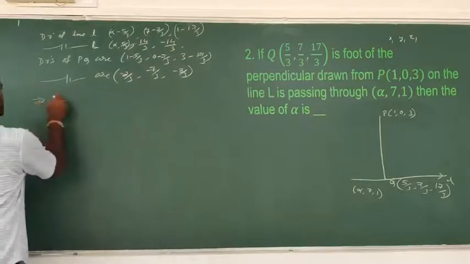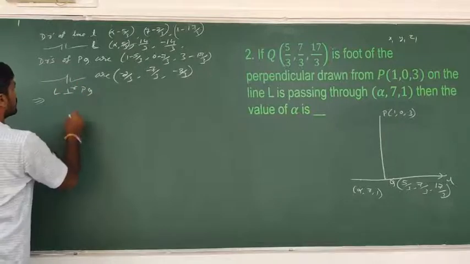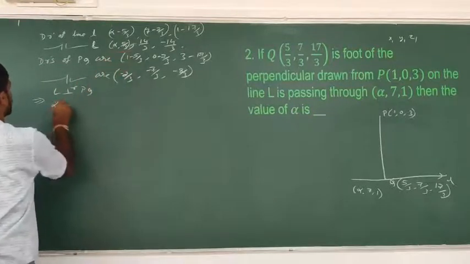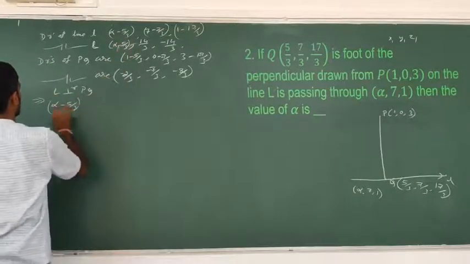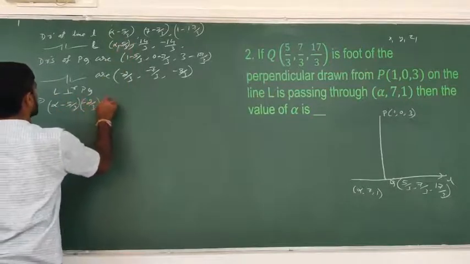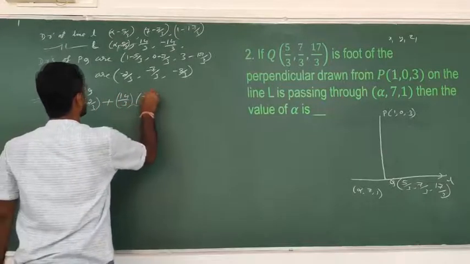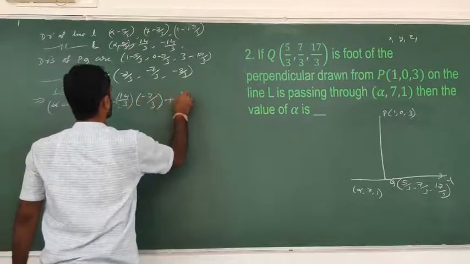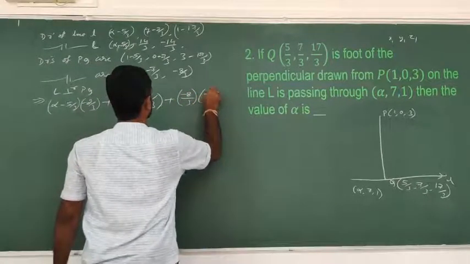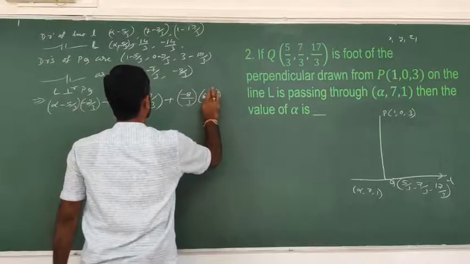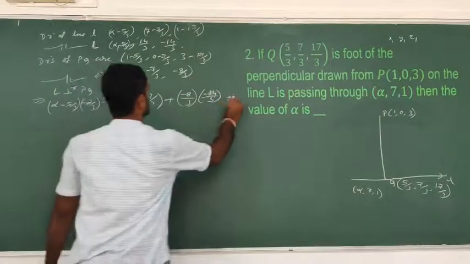So this implies that alpha minus 5 by 3 into minus 2 by 3, plus 14 by 3 into minus 7 by 3, plus minus 8 by 3 into minus 14 by 3 is equal to 0.